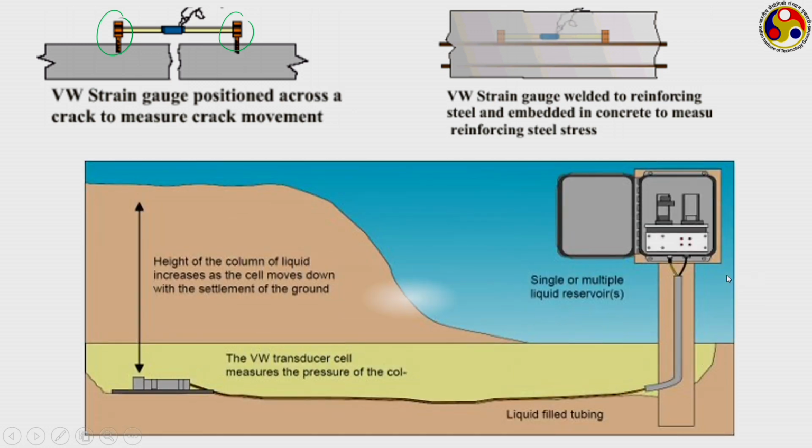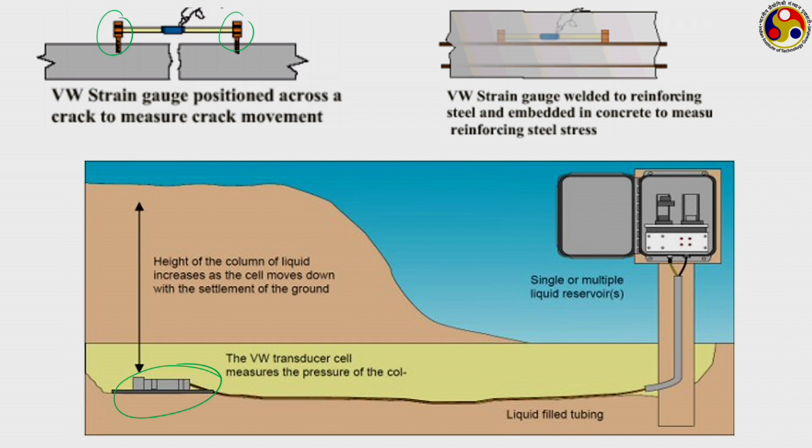Another quite new application that I have seen is where the vibrating wire transducer has been mounted or housed at the base of a river, and there are single or multiple liquid reservoirs on top of this, and here the objective is to measure the height of the column of liquid on top of this.